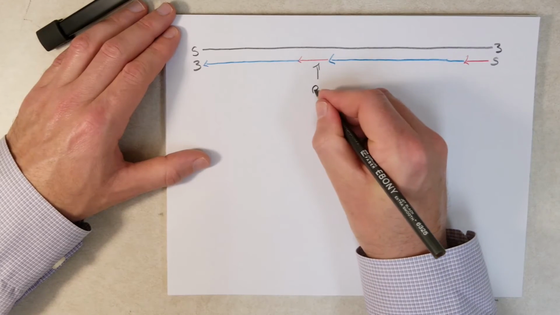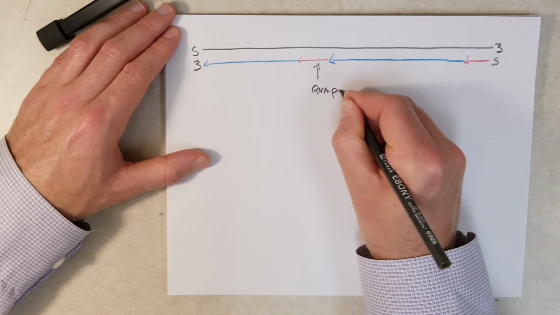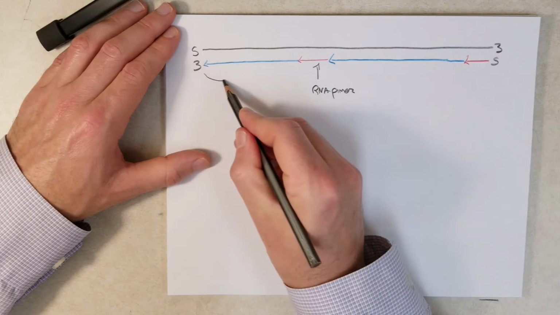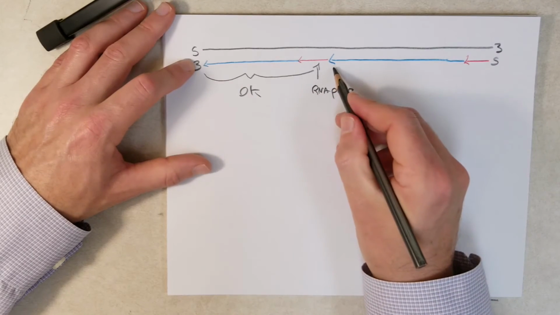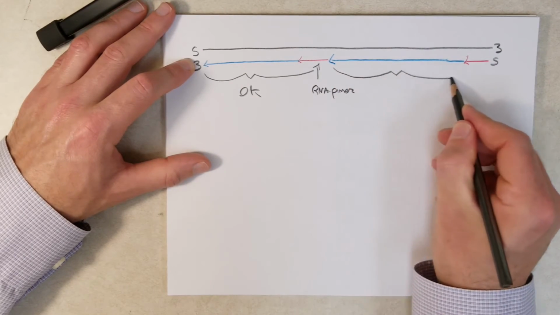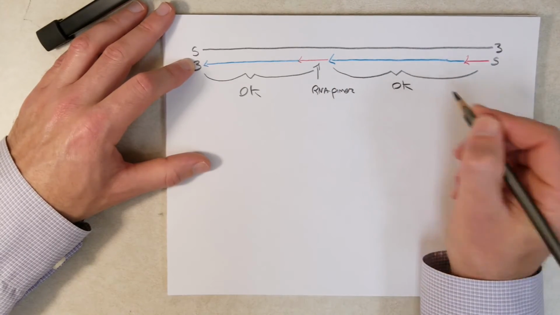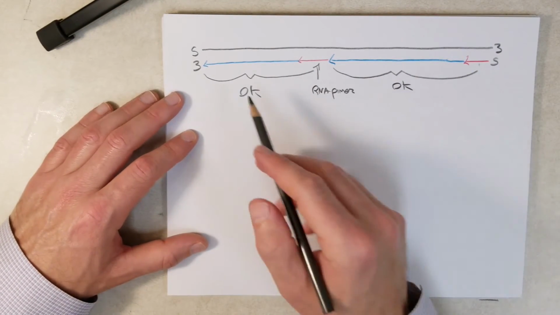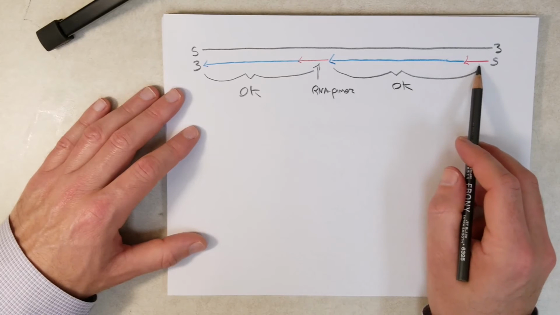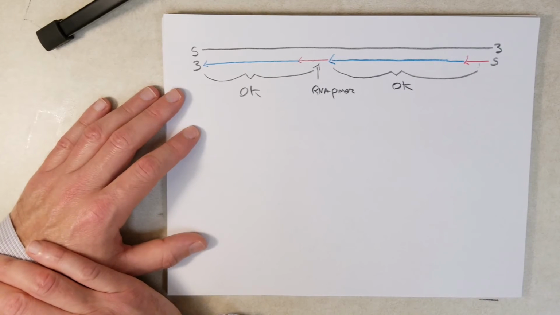Here is the RNA primer, the beginning of one Okazaki fragment. Right here, I'm going to put OK, and here is another Okazaki fragment right here. Here's another RNA primer right here. So you can see the RNA primers are at the 5' ends of the Okazaki fragments.